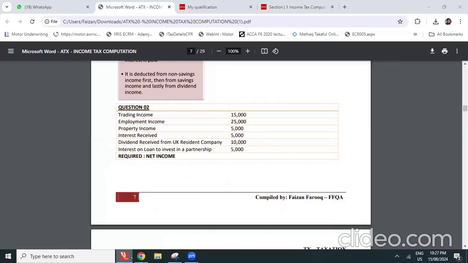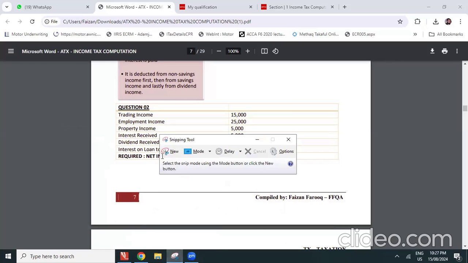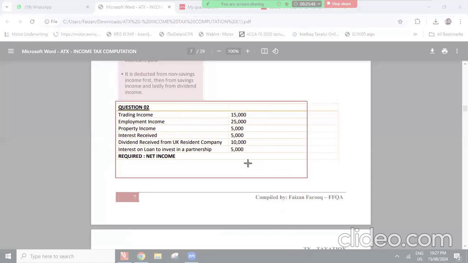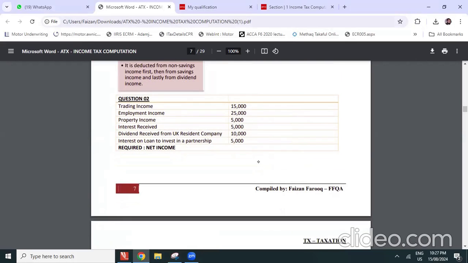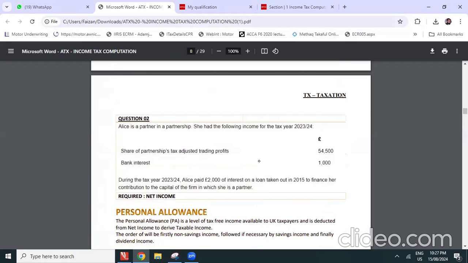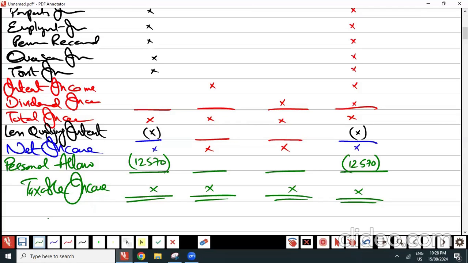Any problem? No, sir. This personal allowance can be reduced, how we will learn soon. But wait for it. This is a very basic format to compute what? To compute taxable income.